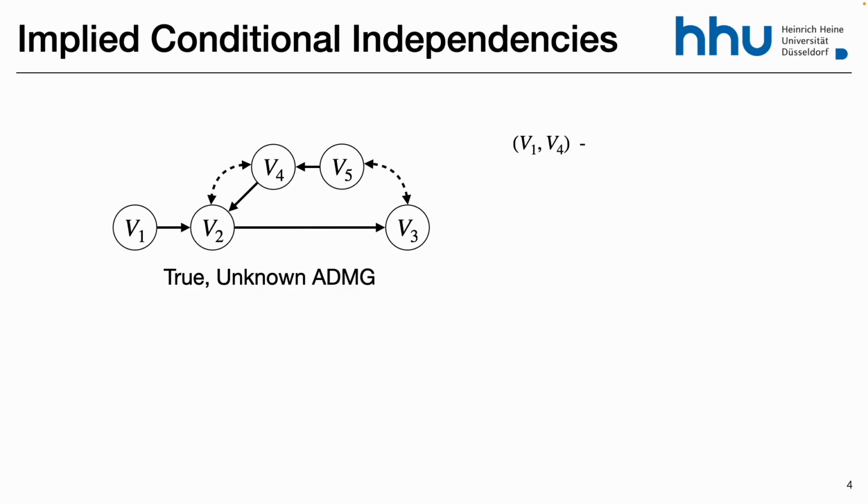V1 and V4. It's impossible for the same reason. Are you sure? I think it's just V5 alone that is enough. So what are the paths between V1 and V4?